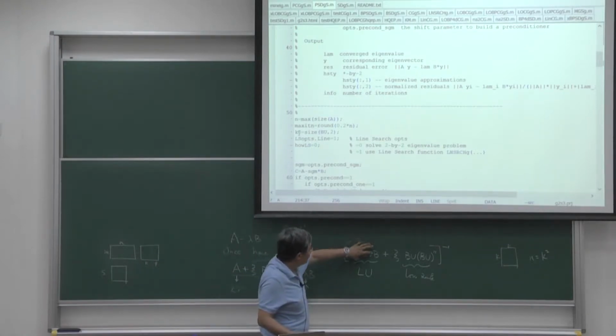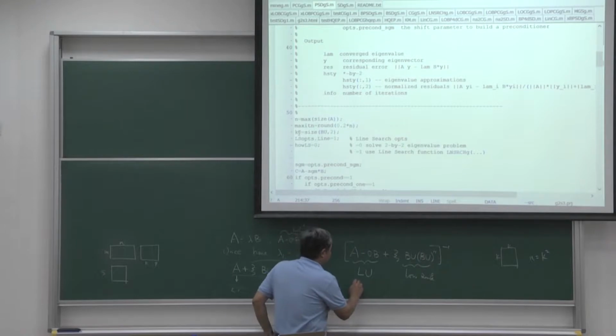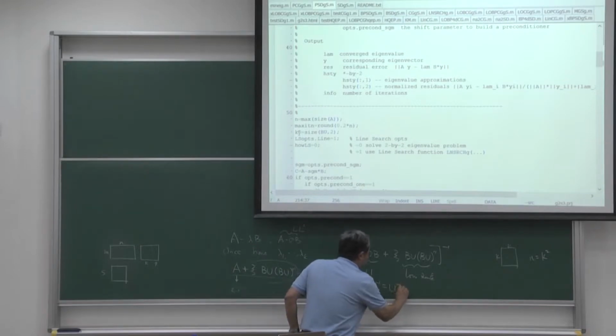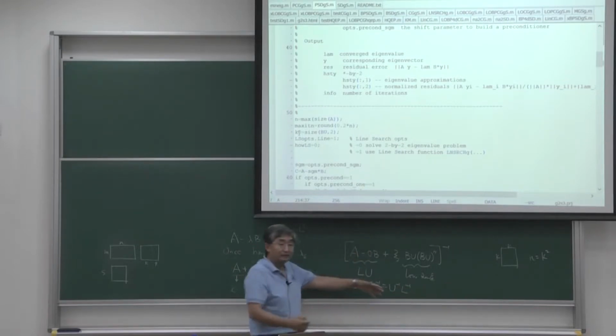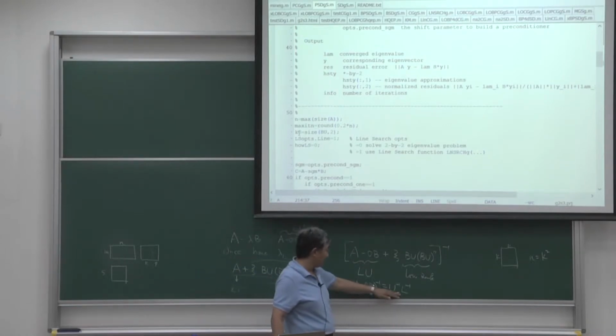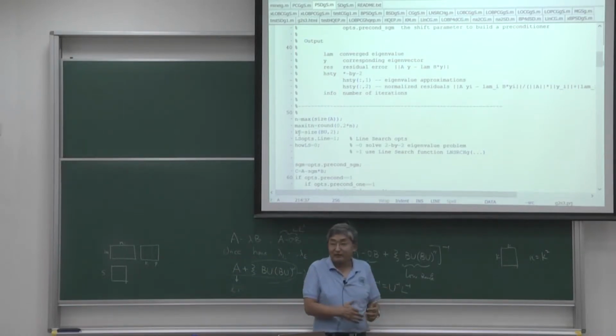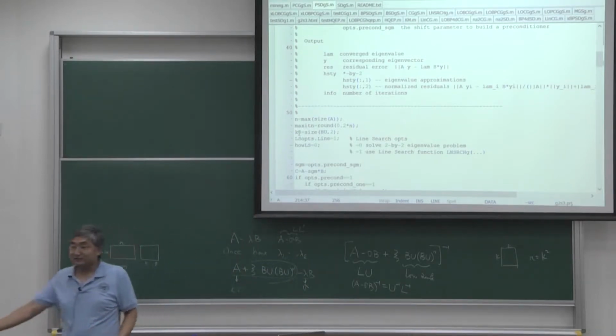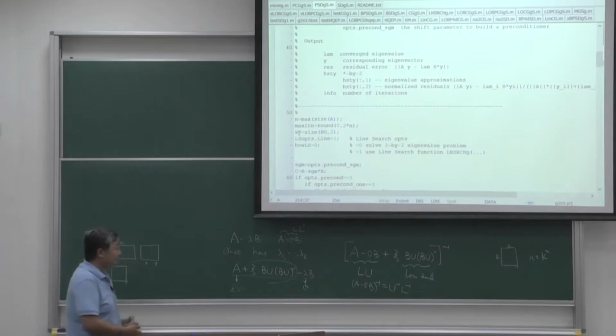If I know the LU of A minus sigma B, that means I know how to do A minus sigma B inverse, which equals U inverse L inverse. Remember, even though we write it this way, you never actually do that. You always implement it through linear system solving, right?